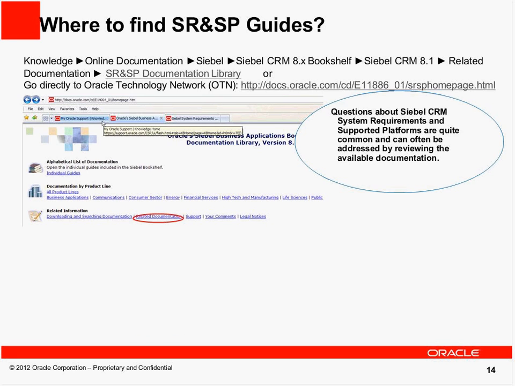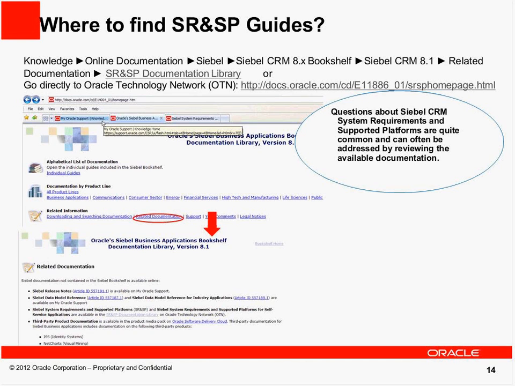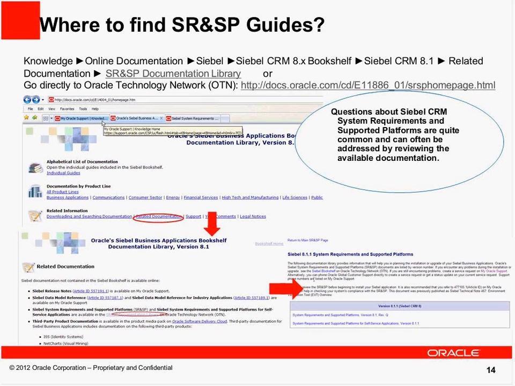From there, select related documentation. The documentation library is open, and then from there you can select the system requirements and supported platforms documentation library, which opens the system requirements and supported platforms for the version you selected.